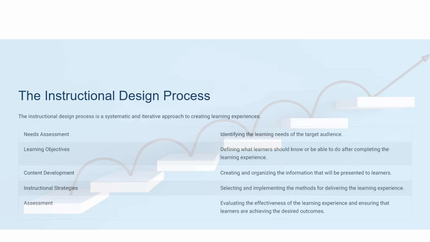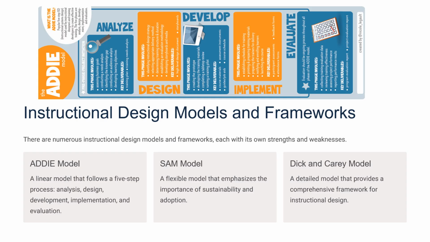From this, we then decide how the teaching process and the resources are delivered through instructional strategies, and assess the outcome of the learning through authentic and relevant assessment methods.